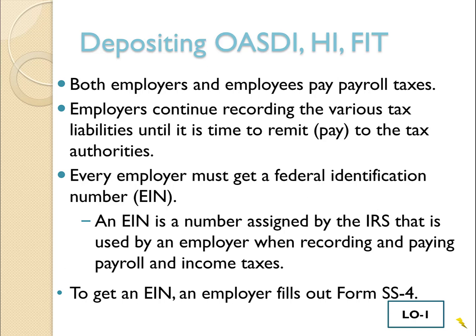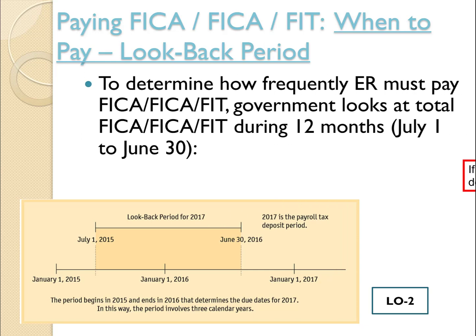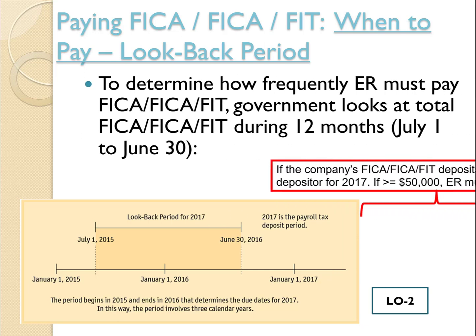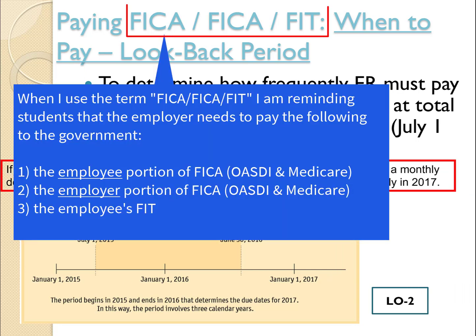So let's get into the nitty-gritty of figuring out when we pay Medicare, OASDI, and FIT. So at the top of the screen, notice I call it FICA, FIT. And in my class is the only place you will hear it called FICA, FIT.